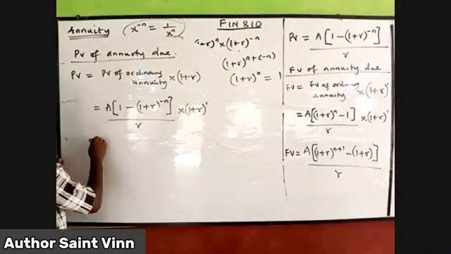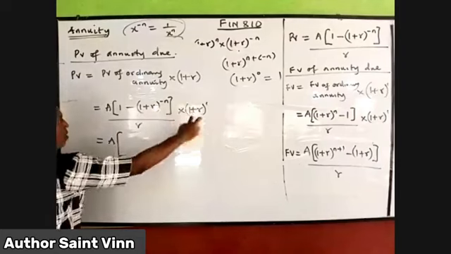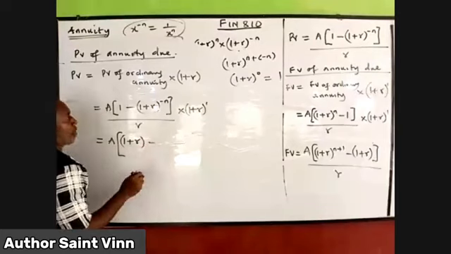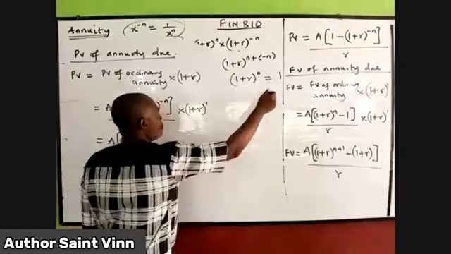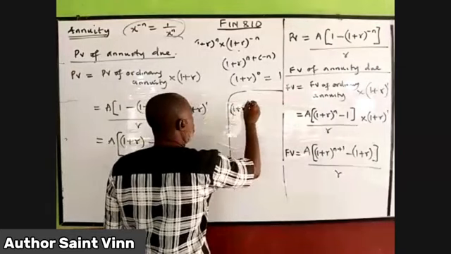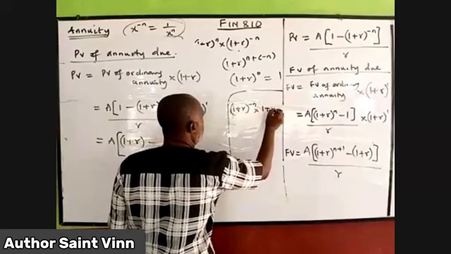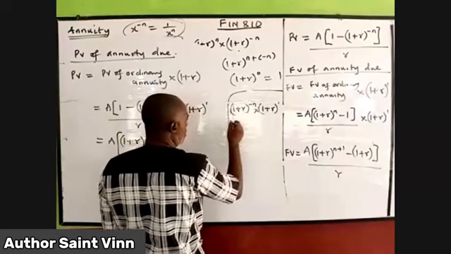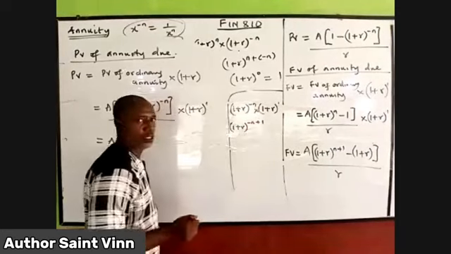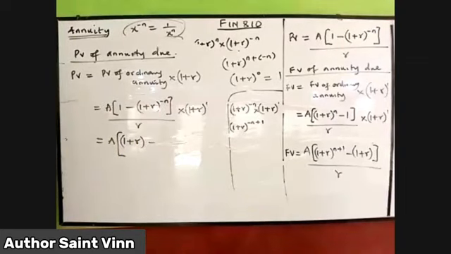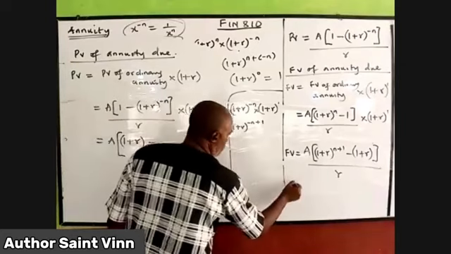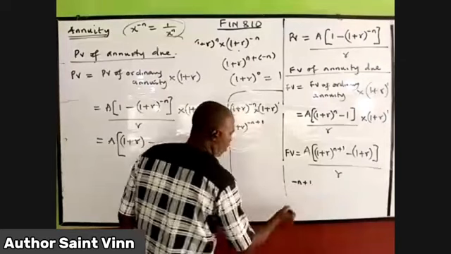Try to expand this A. That one is clearer. And there's something here I want to show. Watch it. Look at this analysis: 1 plus r all raised to power minus n, and 1 plus r raised to power 1. 1 plus r is common, have it? Having minus n plus 1 is the same as 1 minus n.